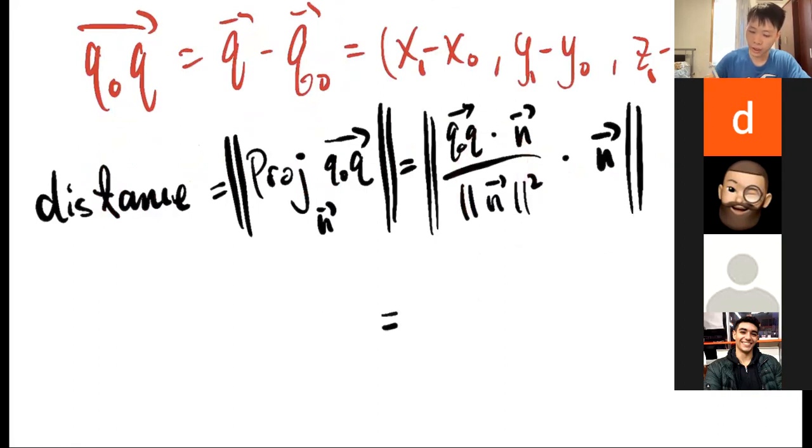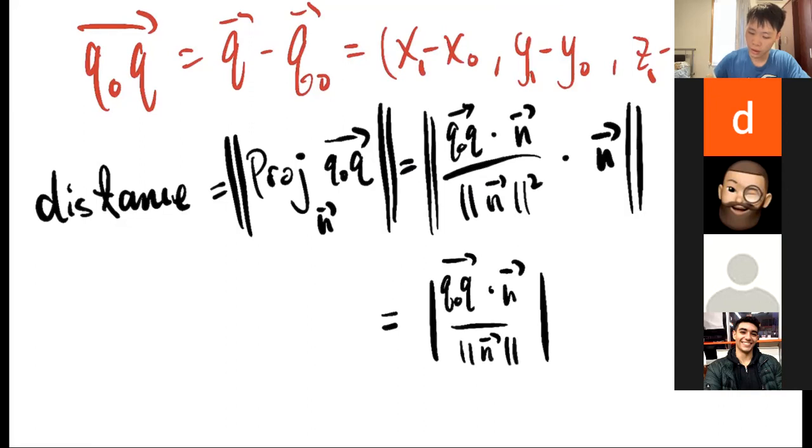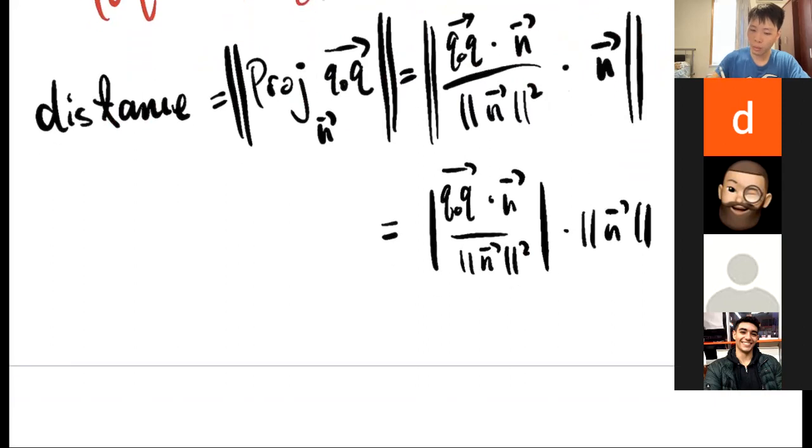You can always put it out. So the absolute value of the scalar divided by the norm n squared times the norm of n here. Well, this part can be canceled out with ones. So this is the absolute value of Q0Q dot normal vector n divided by the norm of the normal vector n.